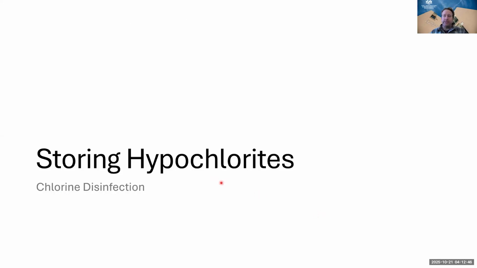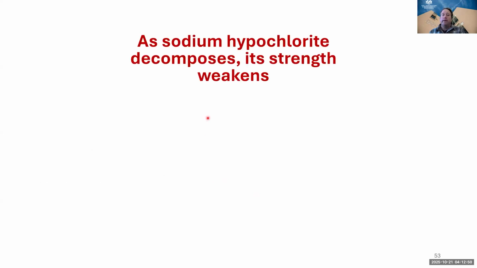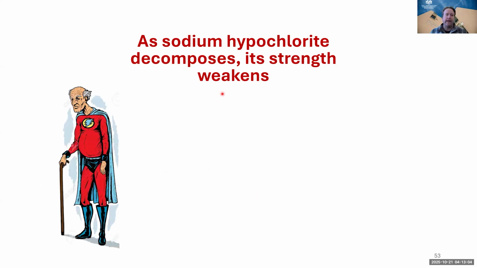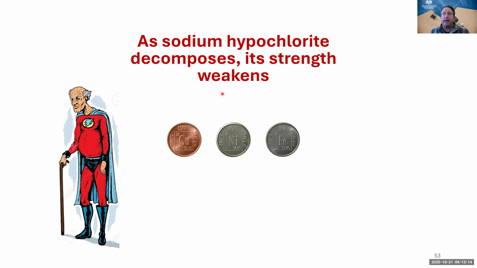All right, so let's talk about storing hypochlorites. As sodium hypochlorite, liquid chlorine, decomposes, its strength weakens. There are a number of factors that can lead to the decomposition of sodium hypochlorite. Age is one of the primary factors: the older that sodium hypochlorite sits, the less effective it's going to be. Also, metals like copper, nickel, and iron can all decompose it.